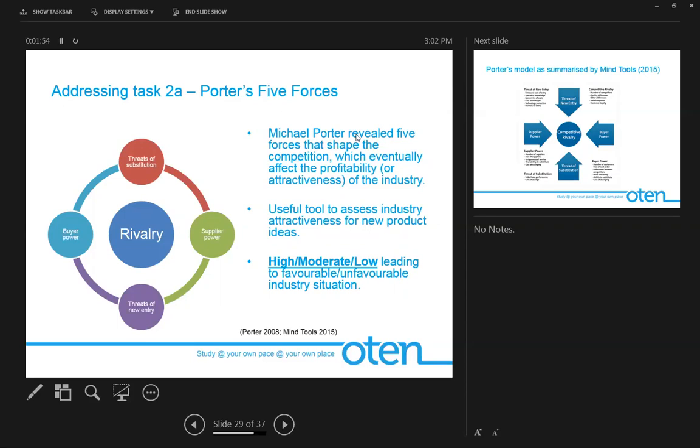Therefore, we need to adjust our strategy because they eventually affect the profitability or attractiveness of the industry. So, in brief, it is a useful tool to assess the industry attractiveness for new product ideas or new service ideas or new market ideas.